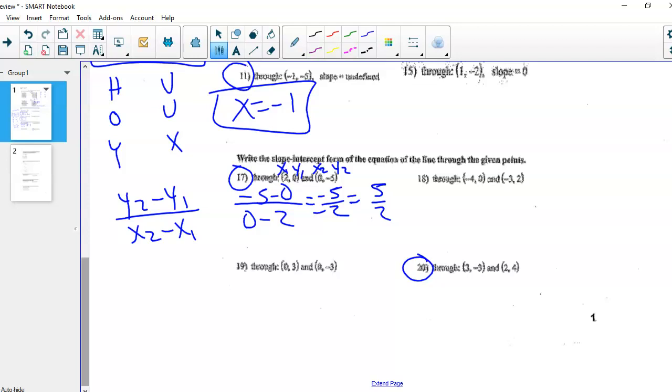Now you can choose either one of these points and solve for b. If you have something that has 0 for x, do that one first. So I'm going to use 0, negative 5. So negative 5 equals 5 over 2 times 0 plus b. Anytime you have 0 as x, that's really your y-intercept.